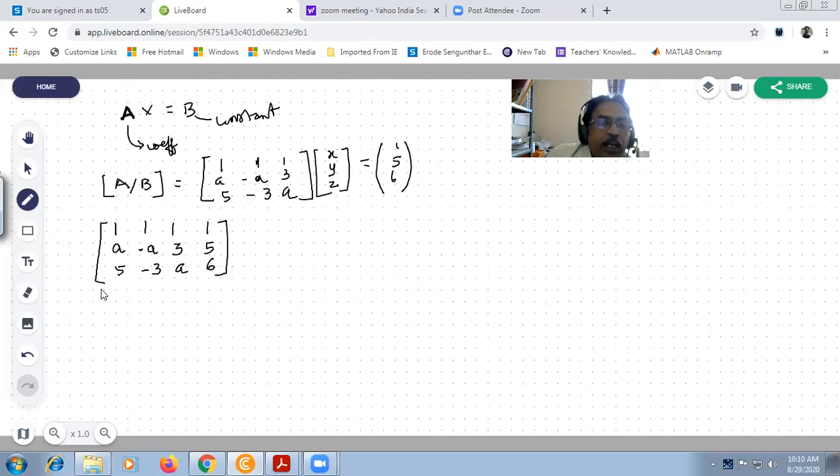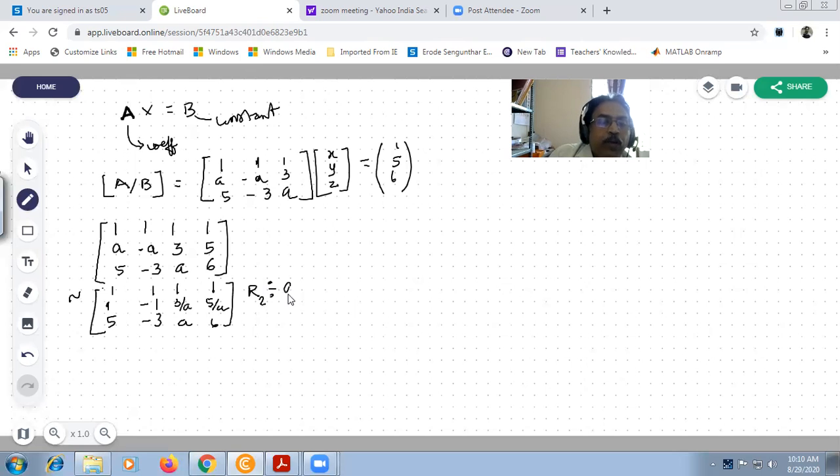I am creating an equivalent matrix. I divide R2 throughout by a, which gives 1, 1, 3 by a, 5 by a. R3 is 5, minus 3, a, and 6.